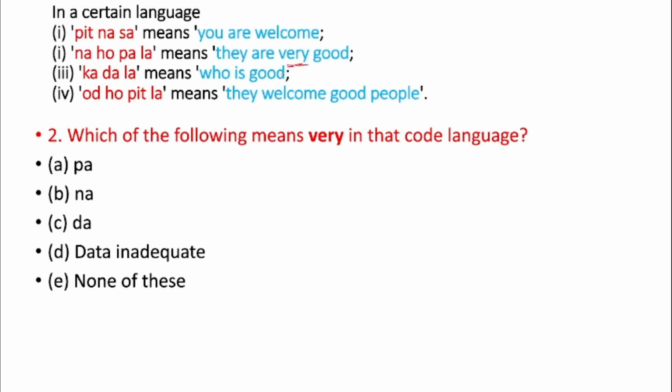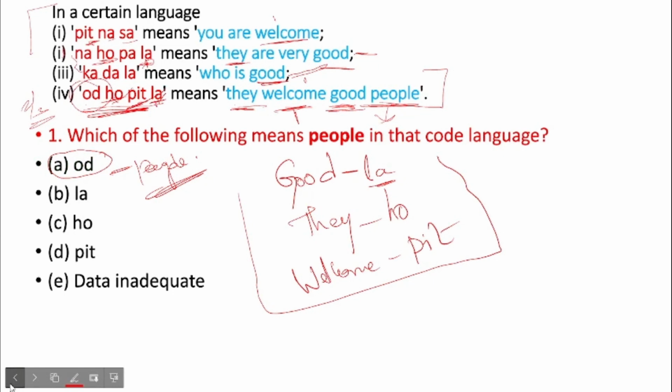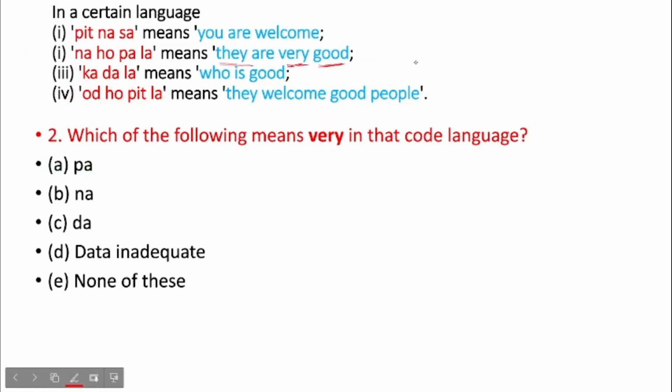To solve this, we already know what they is and what good is from the previous question. They means HO and good means LA. So the remaining words are are and very.